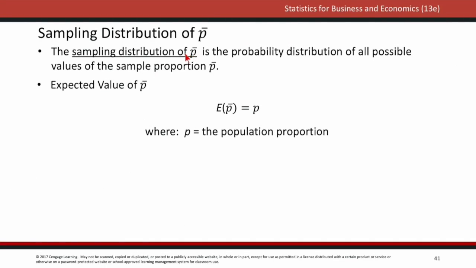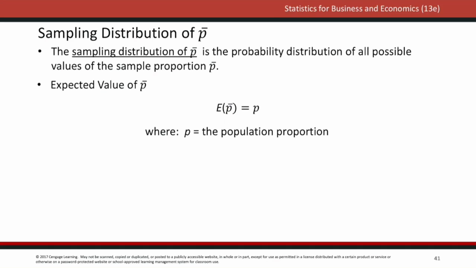The sampling distribution of the sample proportions is the probability distribution of all possible values of the sample proportion p bar. The sample proportion has an expected value, and the expected value is equal to the population proportion. P bar is the sample proportion, and P is the population proportion, which means that the sample proportion is an unbiased estimate of the population proportion.